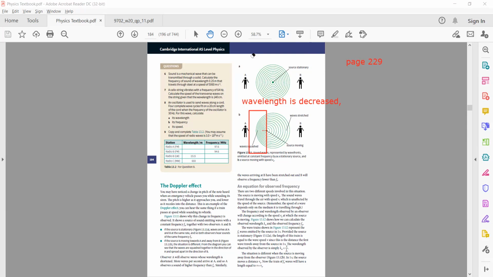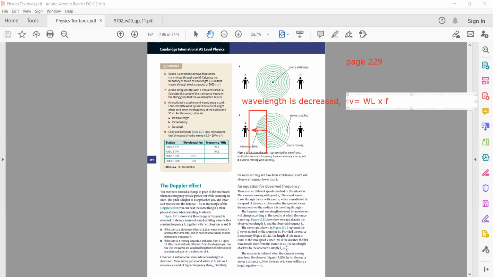Then in the second diagram, if you zoom in a little bit, you'll notice that the source of the sound waves, or the source of the waves, is moving towards the left. And what this means is that on the left-hand side, relative to the source, the wavelength is decreased. And if you remember that v is equal to, I can't do lambda on my keyboard, so I'm just going to say wavelength times frequency.